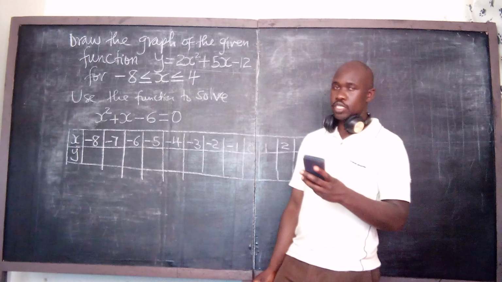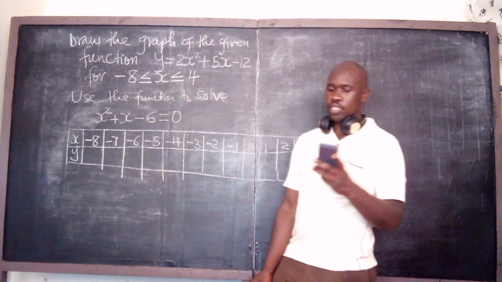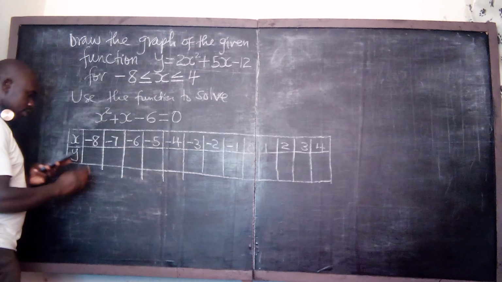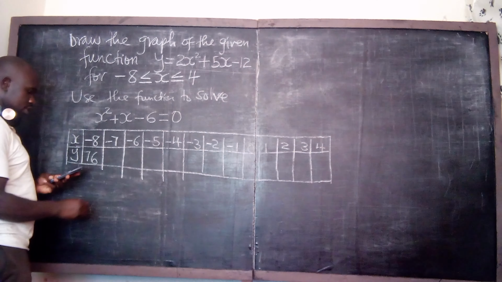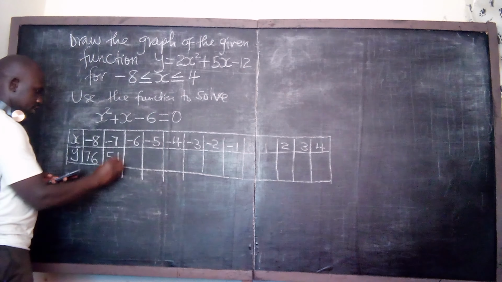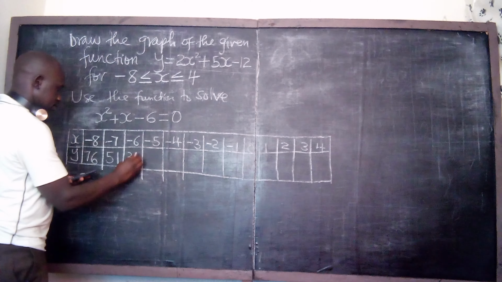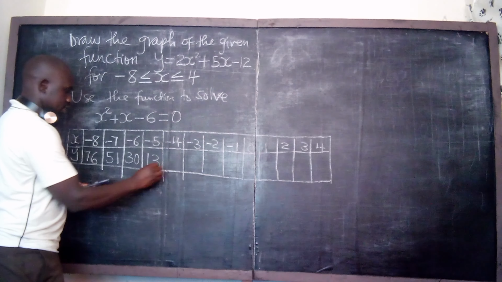Then press the equal sign, and the calculator displays when x is minus 8, y is 76. When x is minus 7, y is 51. When x is minus 6, y is 30. When x is minus 5, y is 13.